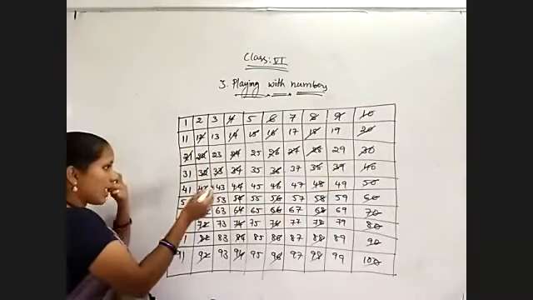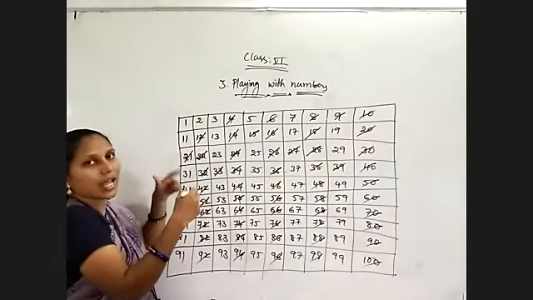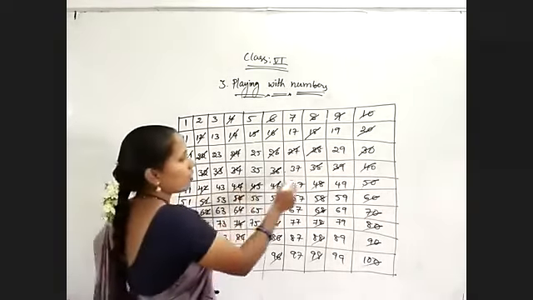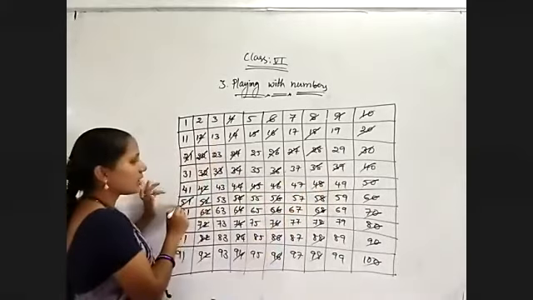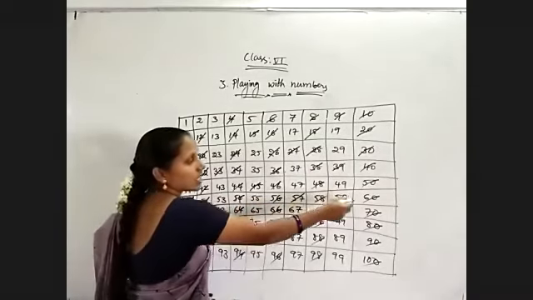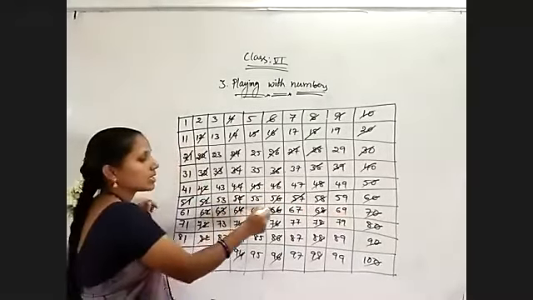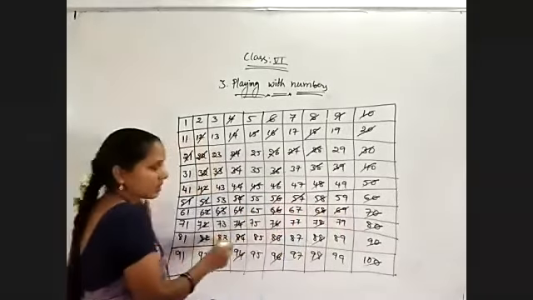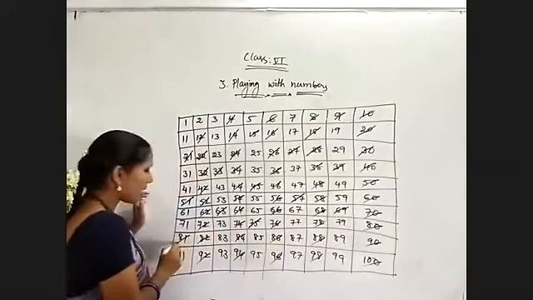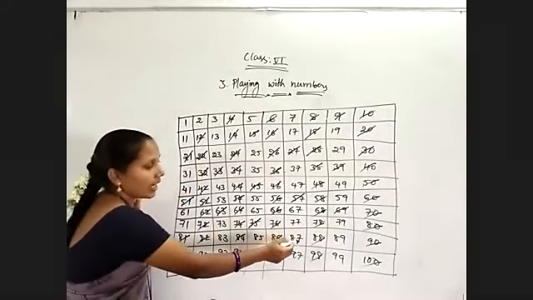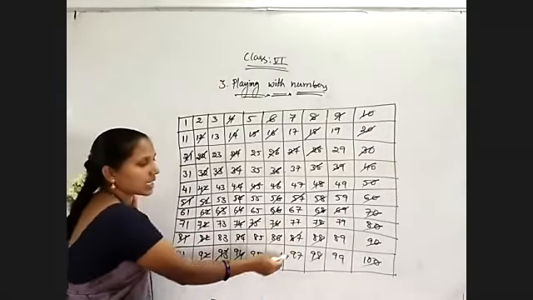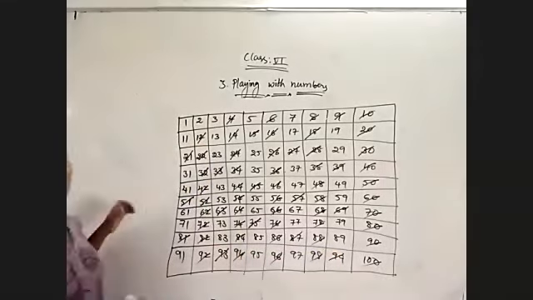Okay, so add 3 each time while we are checking for the 3 table. 39 plus 3, 42, 45, 48, 51, 54, 57, 60, 63, 66, 69, 72, 75, 78, 81, 84, 87, 90, 93, 96, 99. All these are cancelled by the 3 table.